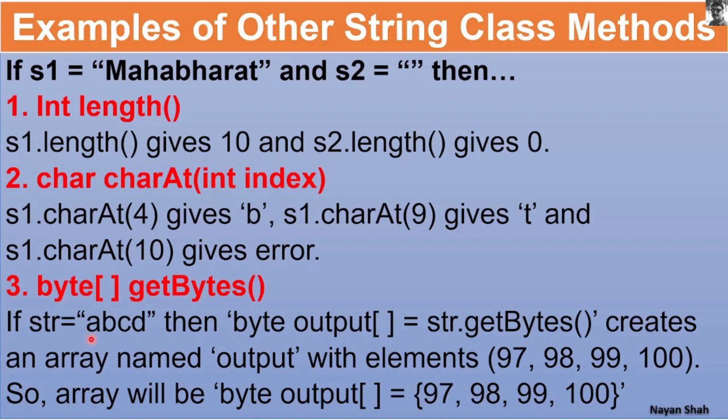If you remember, in the previous slide when we were discussing the compareTo method, I told you that the number for small a is 97 and the number for capital A is 65. So it will create an output array with 4 elements which represent the numbers of ABCD, that is 97, 98, 99 and 100. So the array will be like this: byte output array is equal to curly bracket 97, 98, 99 and 100. Simply, it converts a character array into a byte array.